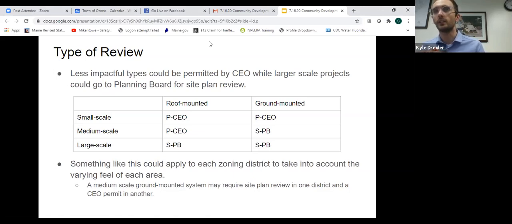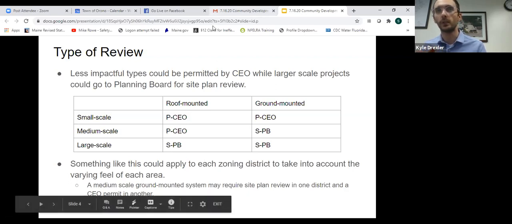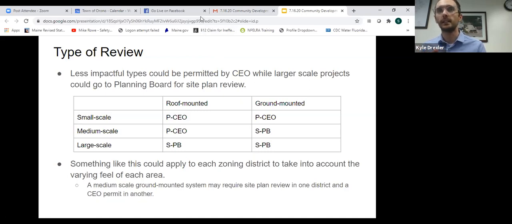Whereas a large scale system, and Belfast is talking large scale as over 4 acres of area, would be site plan review through the planning board. But it doesn't necessarily mean that it has to be the same across every zoning district. One of these tables would basically apply to each zoning district.